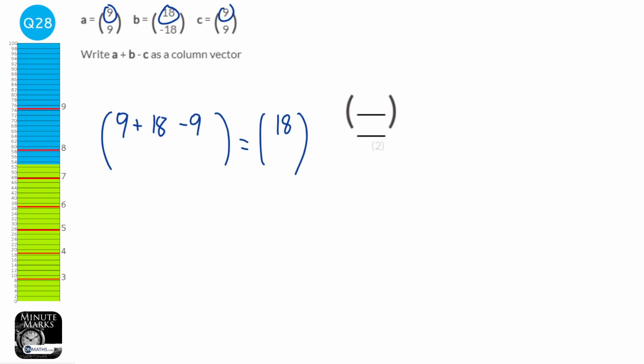And the bottom will be 9 plus minus 18, so really minus 18, and minus 9, and so that will be minus 18. So our column vector will become 18, minus 18.